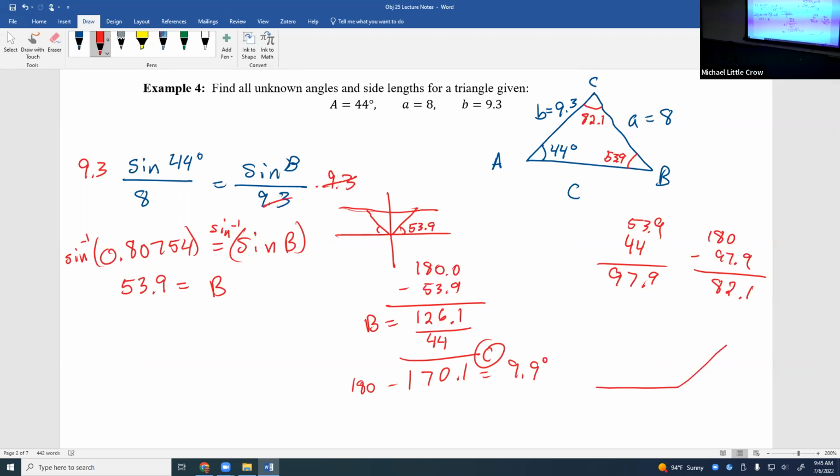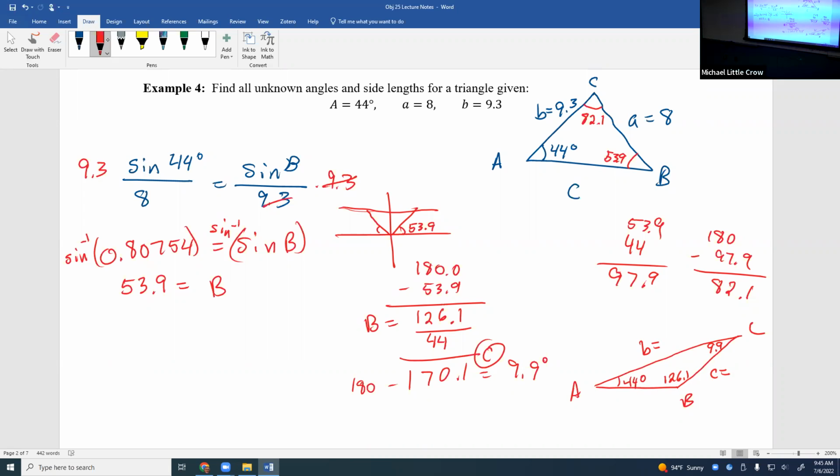It's going to be greater than 90. There's angle B. Angle A is still 44 degrees. I'm not going to say that this is to scale, but angle C is going to be 9.9, and angle B is 126.1. So notice the lengths of the sides will be different, right? So once we got this one, we're going to get really two different solutions.